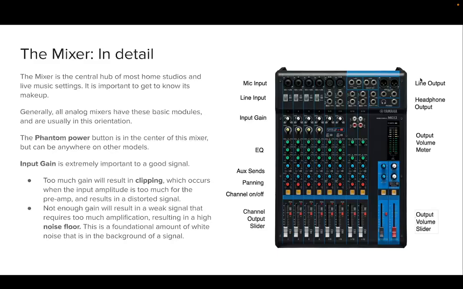Over here we have our output selection, our line output, our headphone output, and then we also have our meter to show us how intense our output volume is, and also sort of how much output volume we really need. Some mixers have multiple output volume sliders that are color-coded. This one has its red slider mapped to the master output slider.